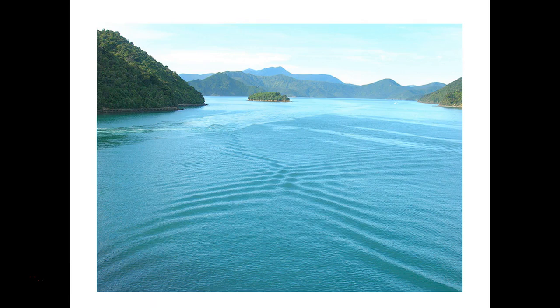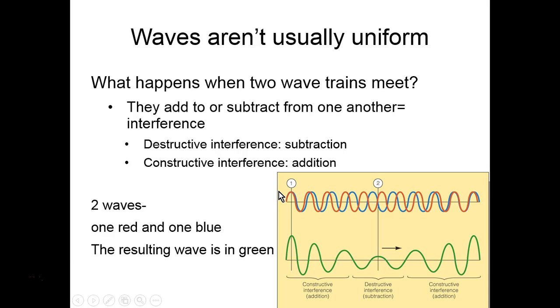Okay, now waves don't just travel isolated from one another. So in this image here, you should see that there's an area where waves are actually meeting, right here. Okay, and so what we have here is what's called interference. And what that creates is that waves aren't usually uniform, right?